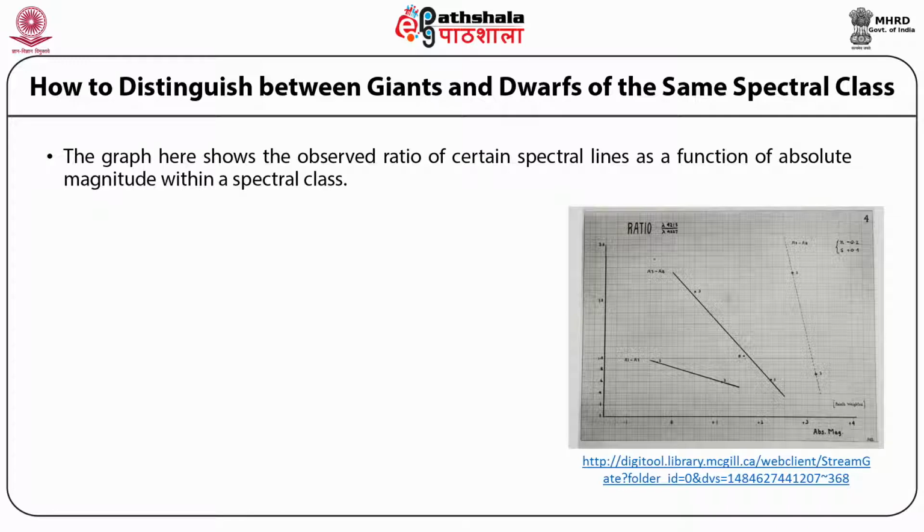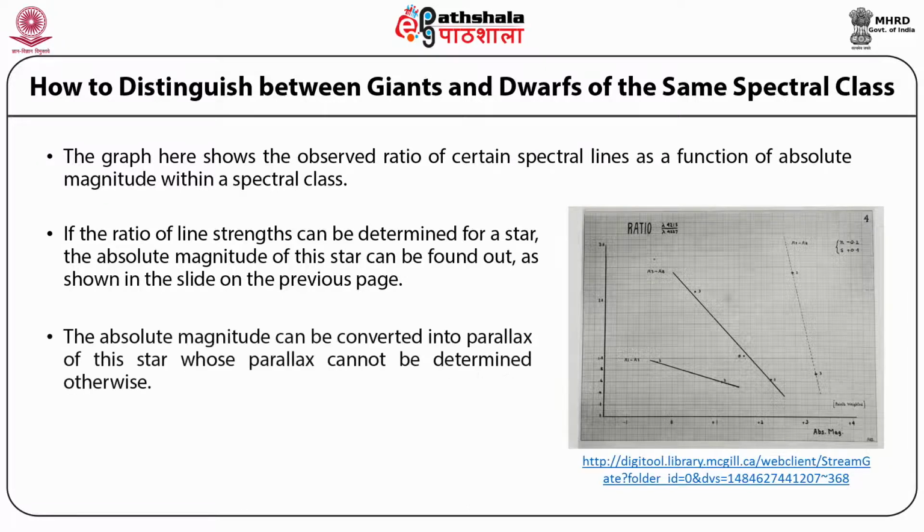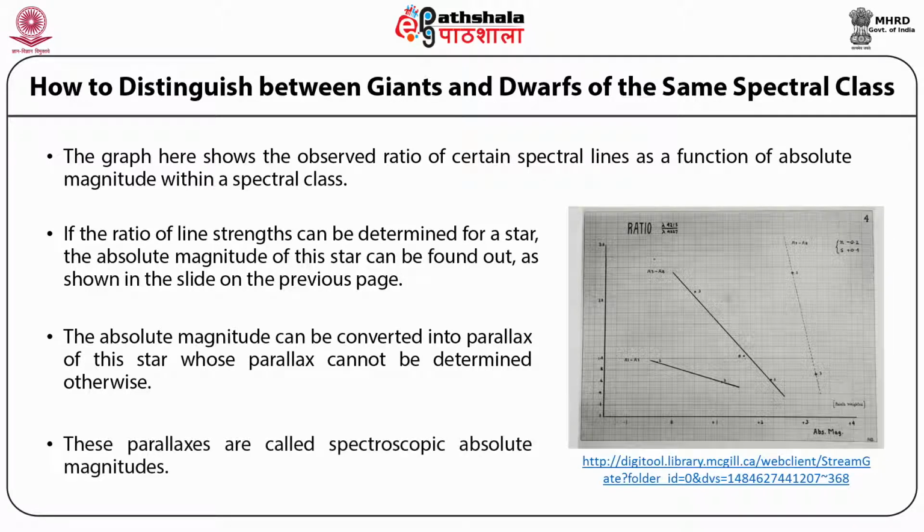Note that in this graph, intensity ratio is along the y-axis and the absolute magnitudes are along the x-axis. If the ratio of line strengths can be determined for a star, the absolute magnitude of this star can be found out. The absolute magnitude can be converted into the parallax of this star, whose parallax cannot be determined otherwise. These parallaxes are called spectroscopic parallaxes.